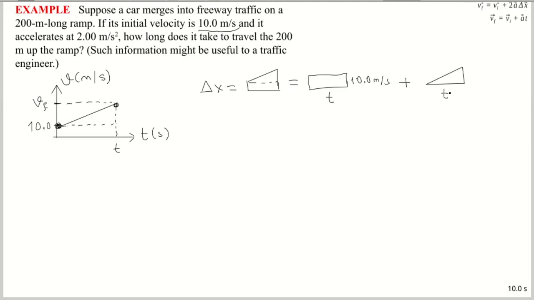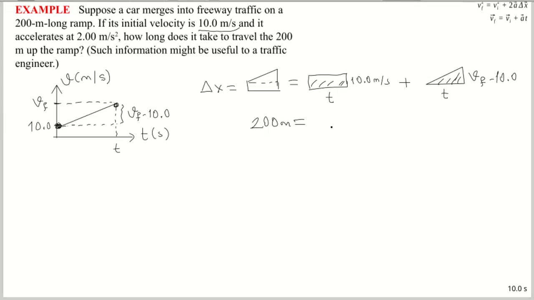Again this base is t, and the height is v final minus 10. Now when we calculate the area of this geometry and this geometry, we should get 200 meters because the ramp is 200 meters. So let's write 200 meters here.